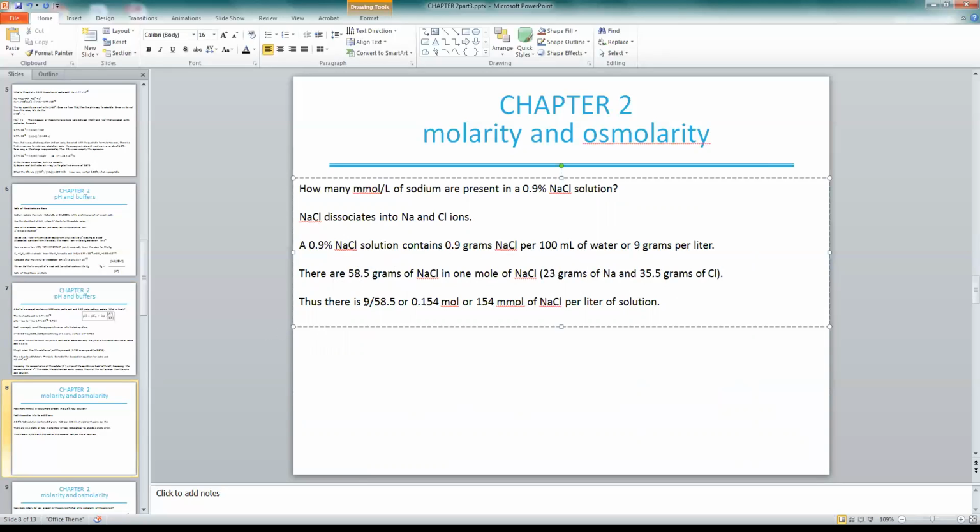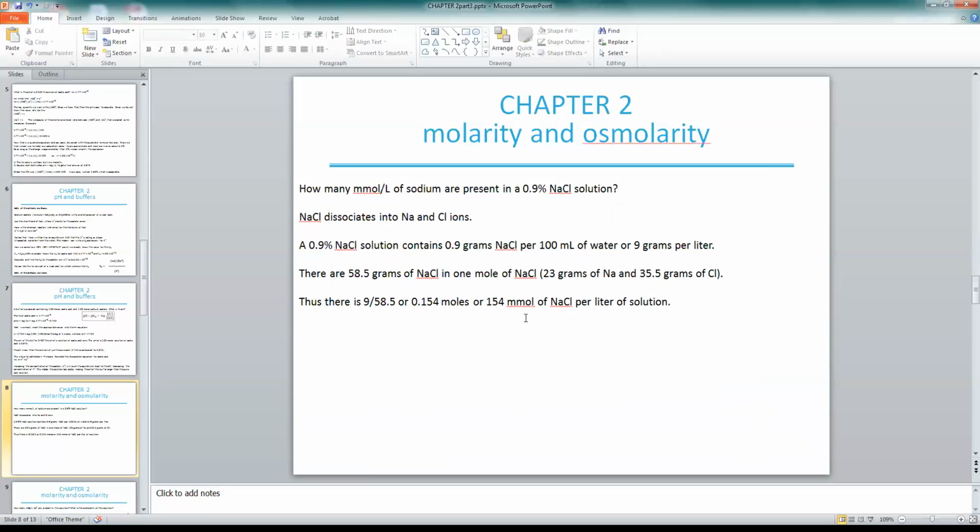And so that means that if I were to take my 9 grams per liter and divide it by my molecular weight, that's going to give me 0.154 moles, or 154 millimoles of sodium chloride per liter of solution.